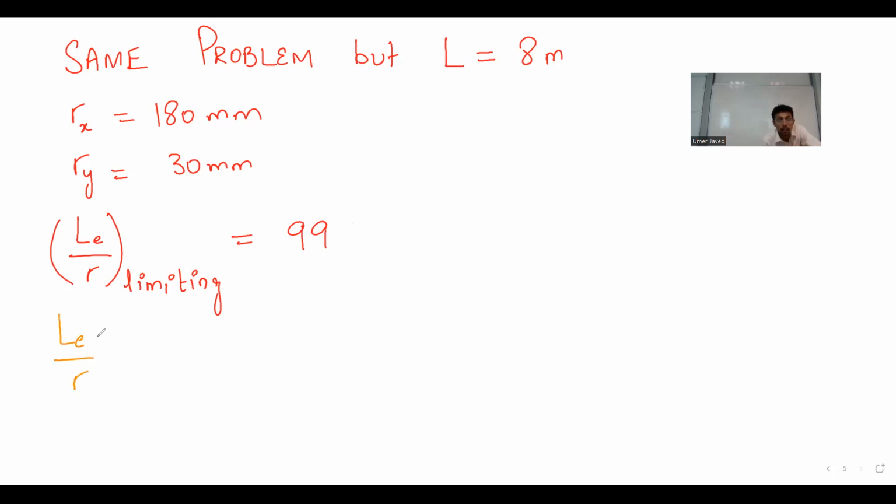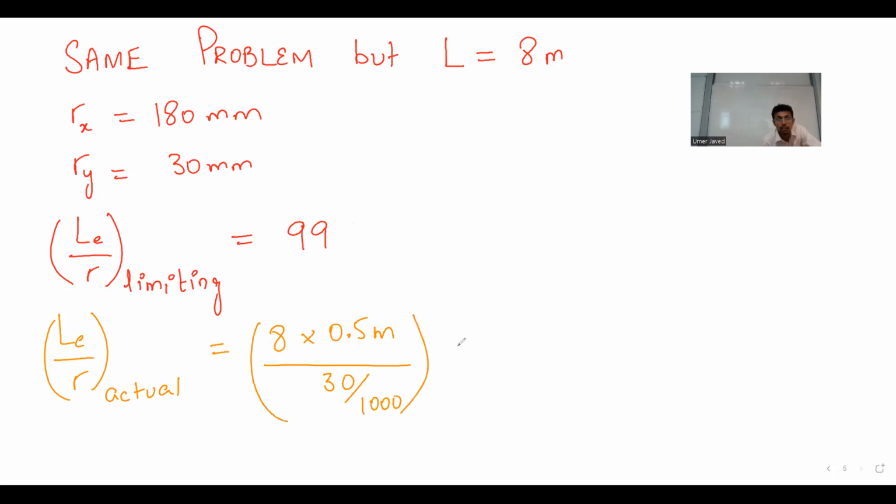LE over R actual is equal to, so it was 8 multiplied by 0.5 meter divided by R equal to RY. How many students agree? So what is the answer? 123, right? 134.